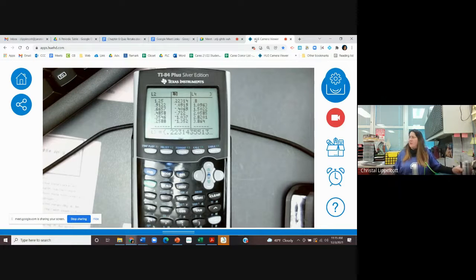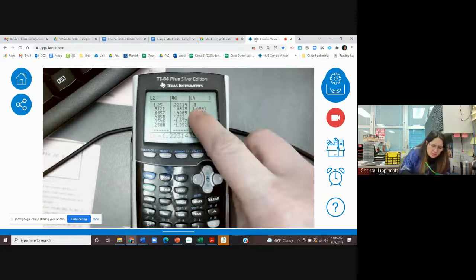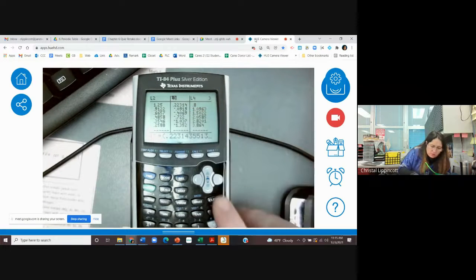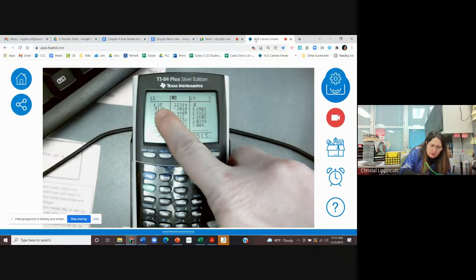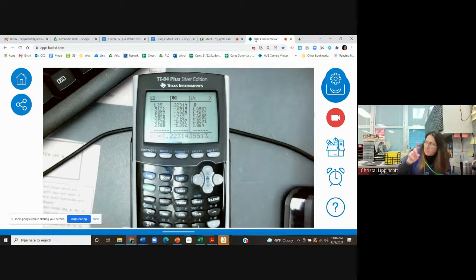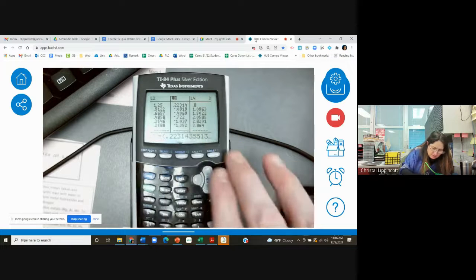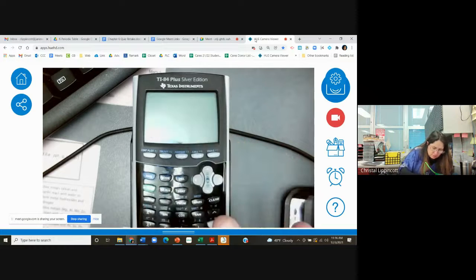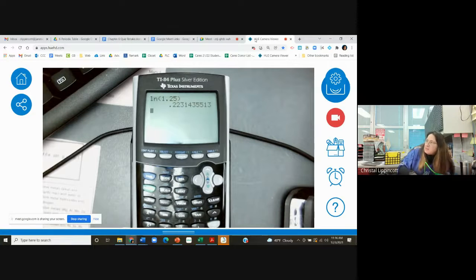It does the calculation. So this is 0.8, right? If I take the natural log, this would be 0.22314. So remember that, 0.22314. So if I do the natural log of 1.25, that's it.